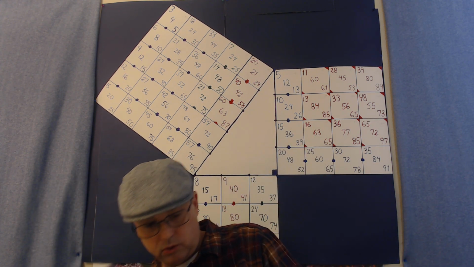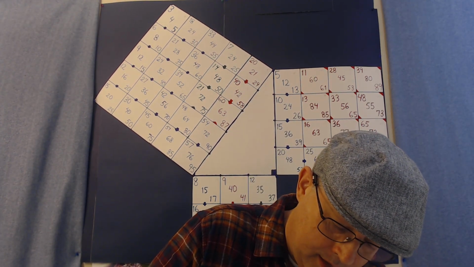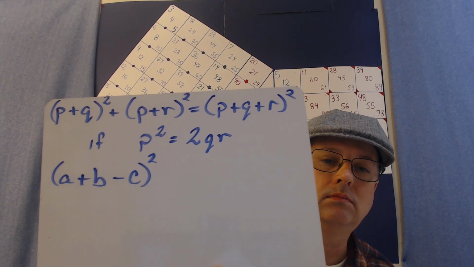Okay. So let's substitute that in there. A plus B minus C squared. That's going to be our P value. Okay?